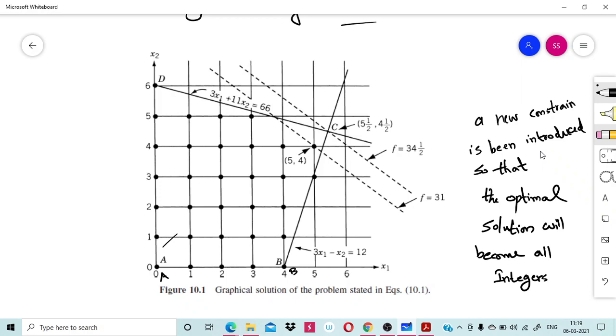This is our aim, and this newly introduced constraint is known as Gomory's constraint.